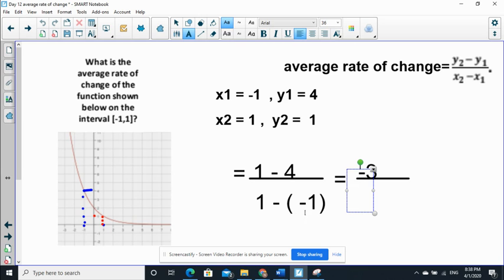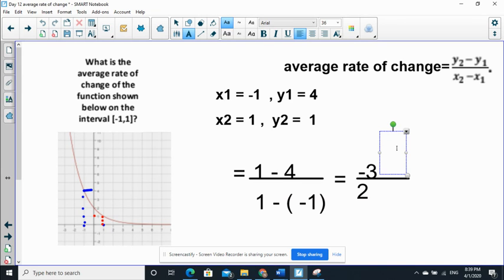Again, negative and negative give you positive 2. So negative 3 over 2. And if you notice, this rate of change is negative, and if you look here at the graph, you will find that the function starts from up here and goes down, meaning it's decreasing. So in this interval or in any interval here, the rate of change should be negative because it's exponential decay.